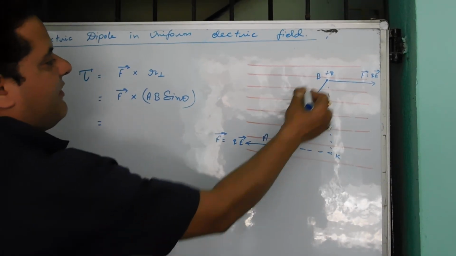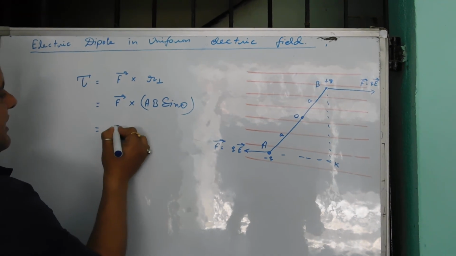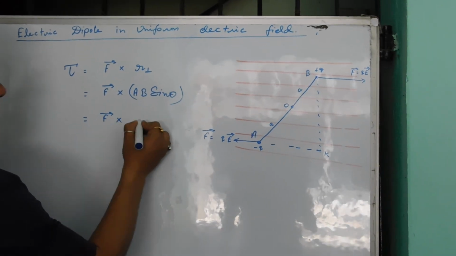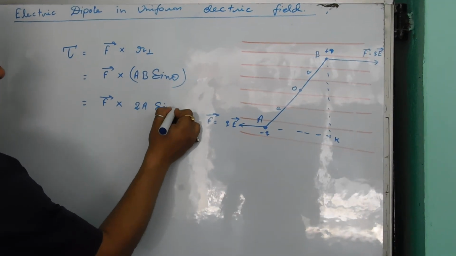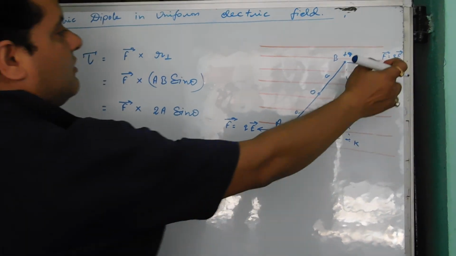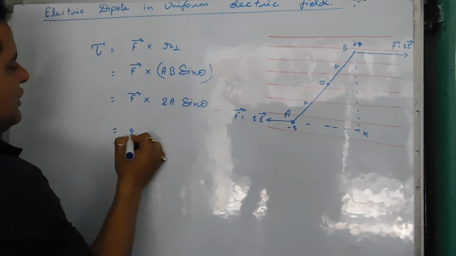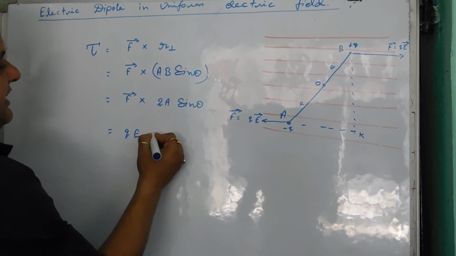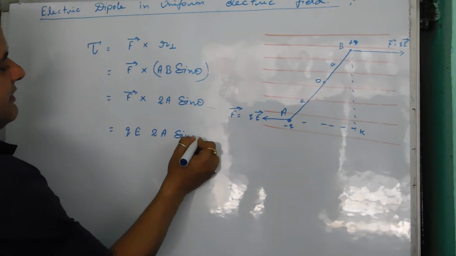And what is the value of AB? Distance AB is equal to 2a. So it is F cross 2a sine theta. And F we already have as QE, so QE times 2a sine theta.